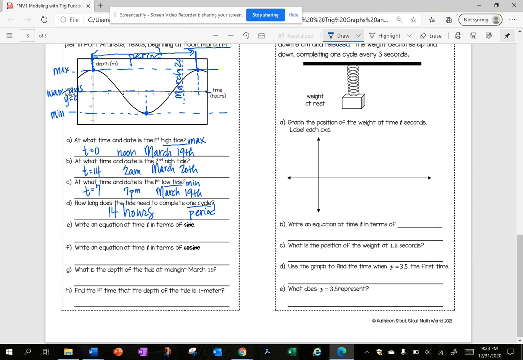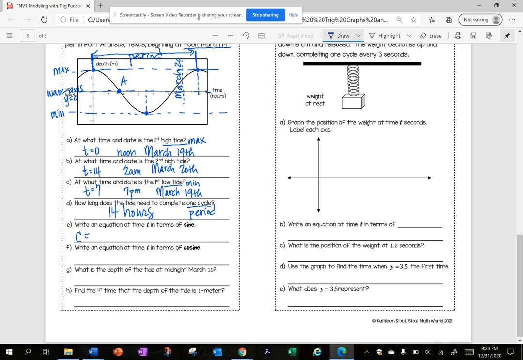Write an equation at time t in terms of sine. So at time t in terms of sine, I need to start on the wave axis. So I'm going to start here. So this is my point here.